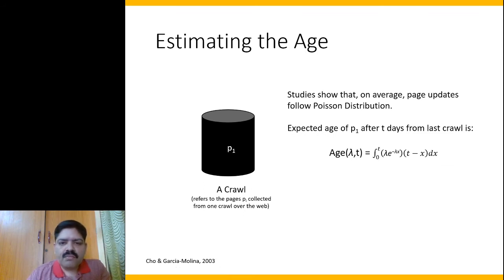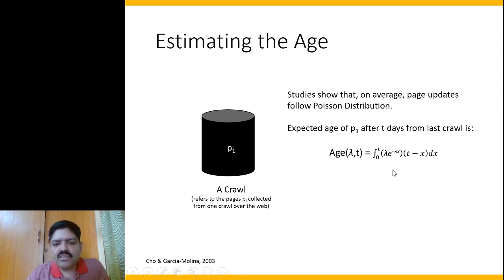We can see that the pages change independently and at random, so we could fit a Poisson distribution to this, and so the expected age can be estimated simply using lambda, which is our change frequency, right?